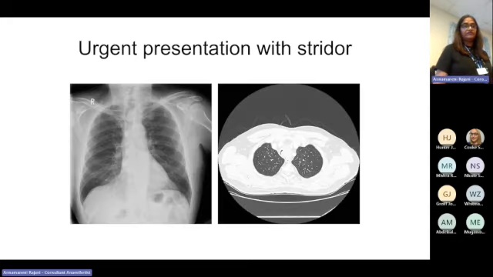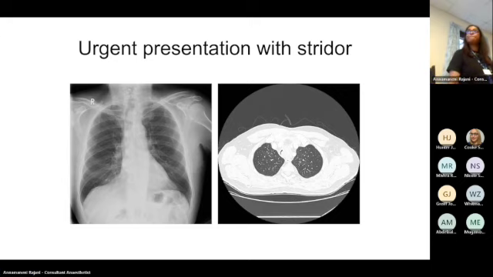Okay, so just a few examples of some of the weird and wonderful things that we see in thoracic surgery. This is a gentleman who presented with stridor to clinic. What do you guys see on the CT and the X-rays? CT, is it a foreign body?